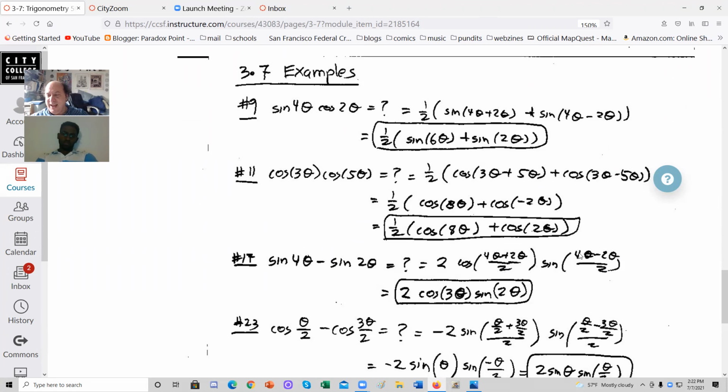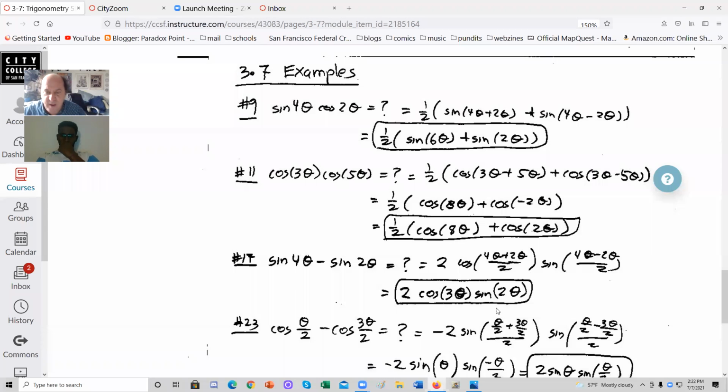That should be a theta, and you know what? I've got to change that. I absolutely messed that up. I shall be changing this in the canvas. This is 3/7, number 17. Sine theta. Okay, my mistake.